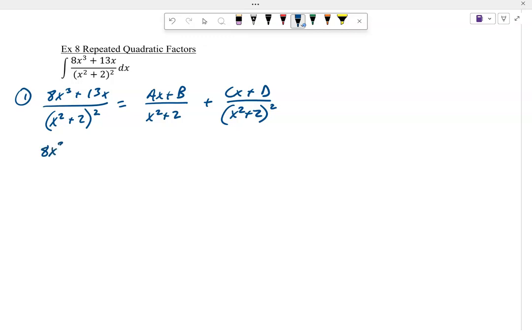So I got 8x cubed plus 13x equals (ax plus b) times (x squared plus 2) plus cx plus d. Notice that x squared plus 2 will factor out. Now let's go ahead and FOIL this thing.